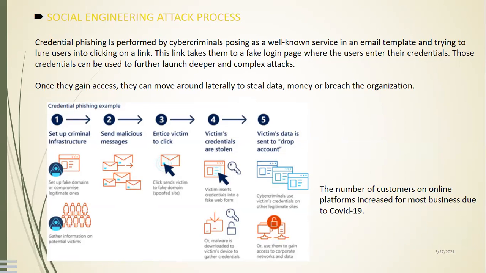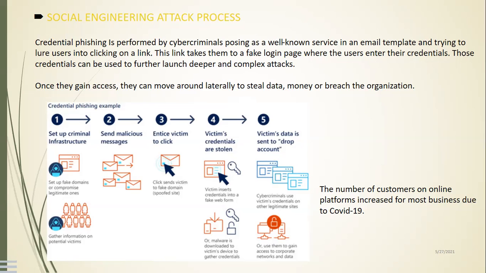But then now comes the email. With email, they don't know who you are. They don't know where you're coming from. They just see an email, so you can send as many phishing emails as you want. As you can see how it's done, the criminal sets up an infrastructure. They either make a fake domain. I'm sure you've come across this. They make a fake website with a catchy name, like a celebrity has just been seen doing this and that, a very catchy title.